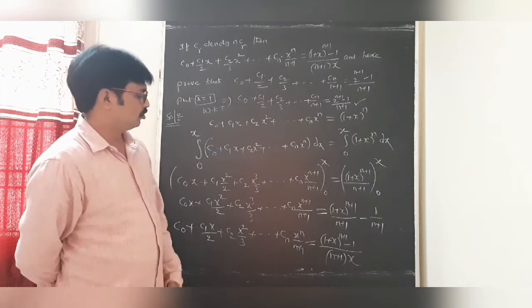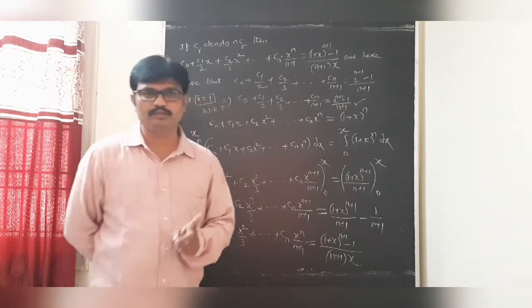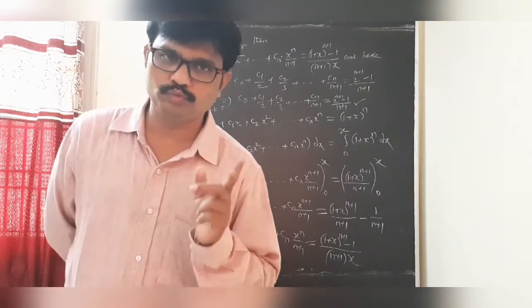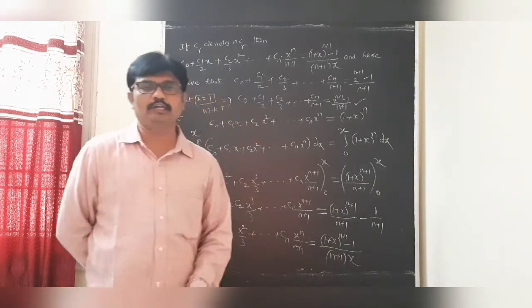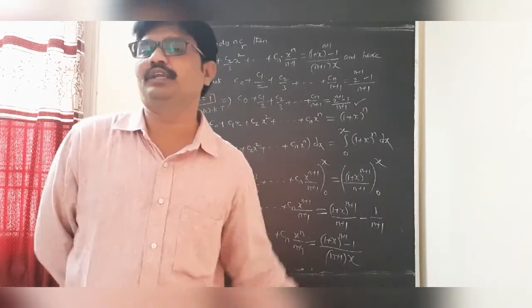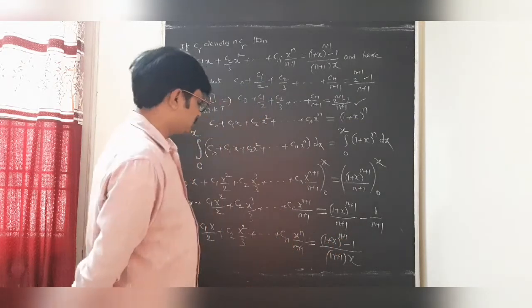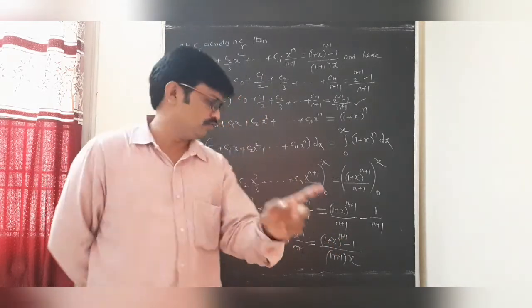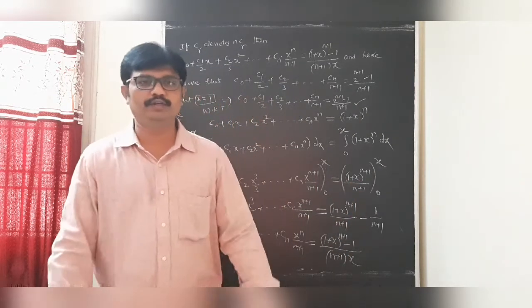We observed 3^(n+1), that means we are substituting x equal to 2. Suppose 4^(n+1) is there, undoubtedly we are substituting x equal to 3. Suppose 5^(n+1) is there, on both sides we are taking x equal to 4, 1 + 4 is 5, so 5^(n+1) minus 1 by n + 1 into 4.